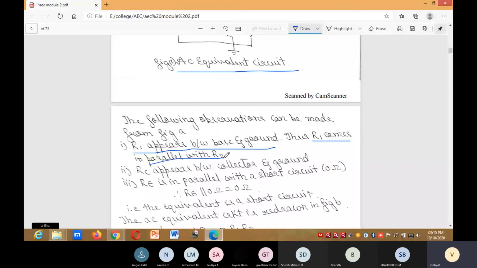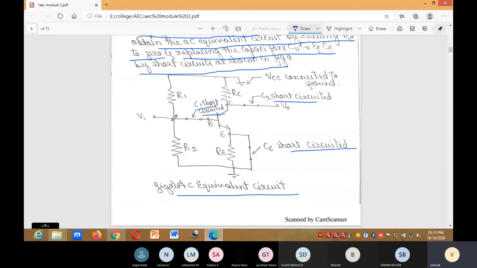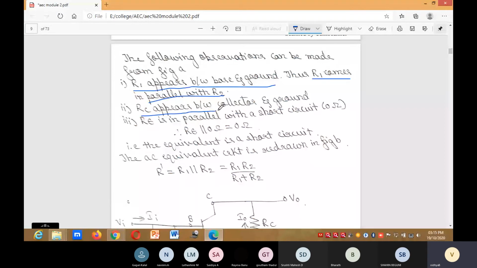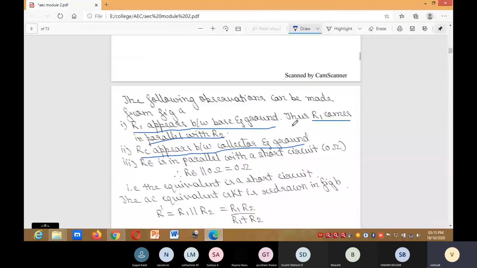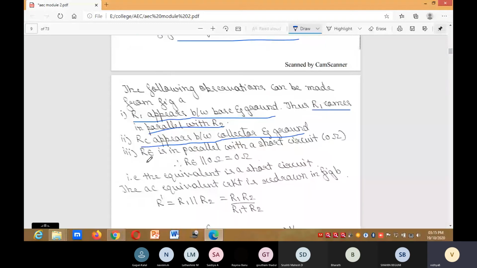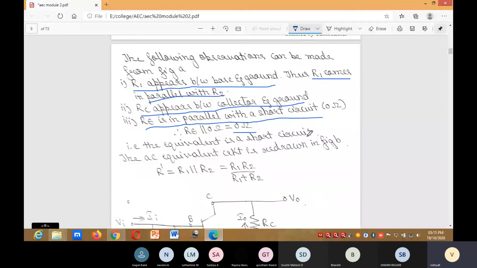RC appears between collector and ground; one end is connected to the collector and one end to ground. Next, RE is in parallel with a short circuit of 0 ohm. RE parallel 0 ohm, you will get 0 ohm only. So the equivalent is a short circuit.